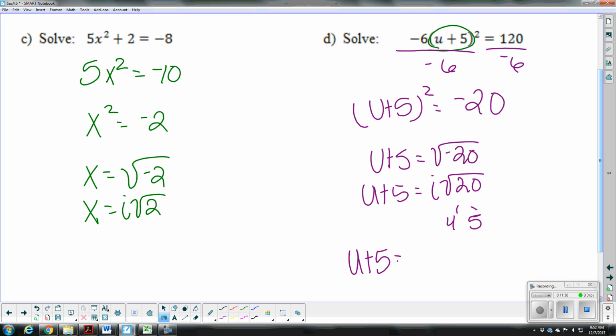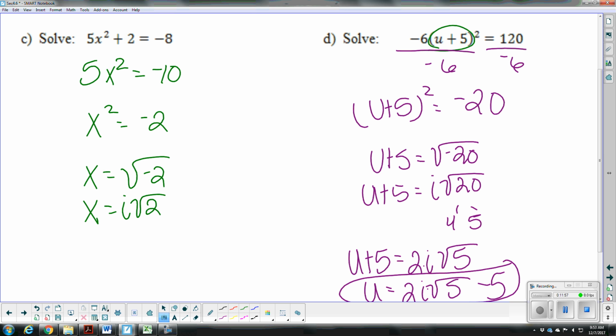So u plus 5 equals 2i times the square root of 5. And then to solve for u, we subtract 5 from both sides. So we have 2i times the square root of 5 minus 5. And again, if you have this plus or minus, that's fine to keep it there, but since we still have a radical, we don't really need it because we're still multiplying by a radical.